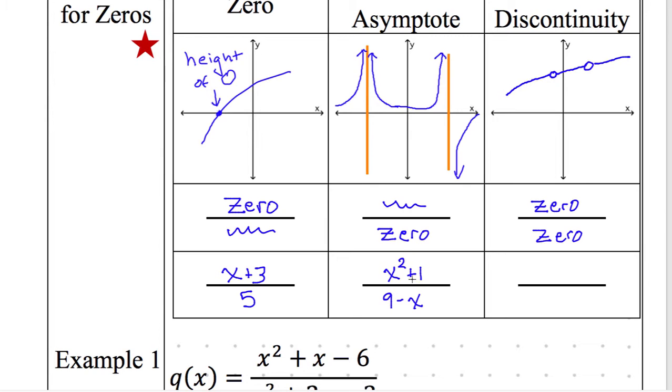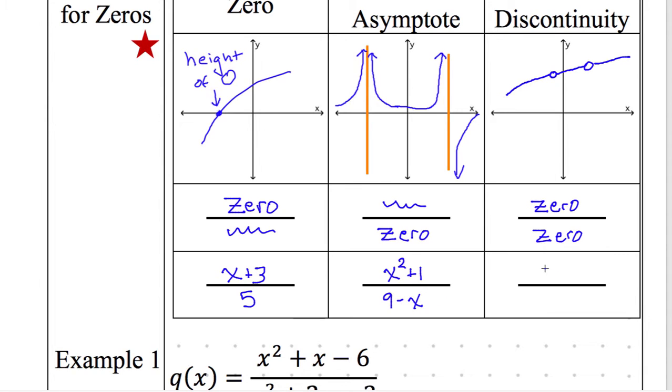I can never have the top be 0 unless you have complex numbers. What about negative 1? Nope. Nothing makes the top 0, so that's okay. What about the bottom? What would make the bottom 0? Positive 9. So I have a vertical asymptote here at x equals positive 9.